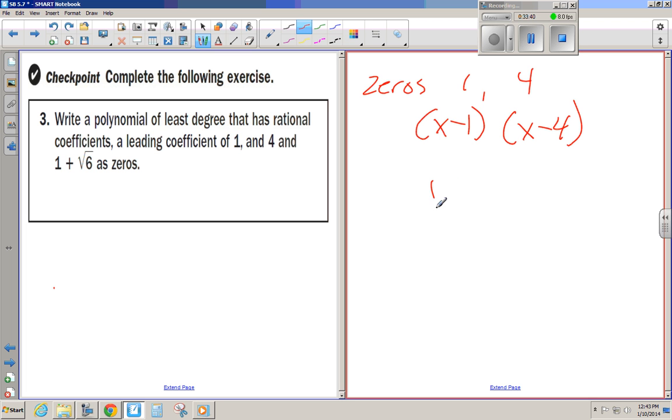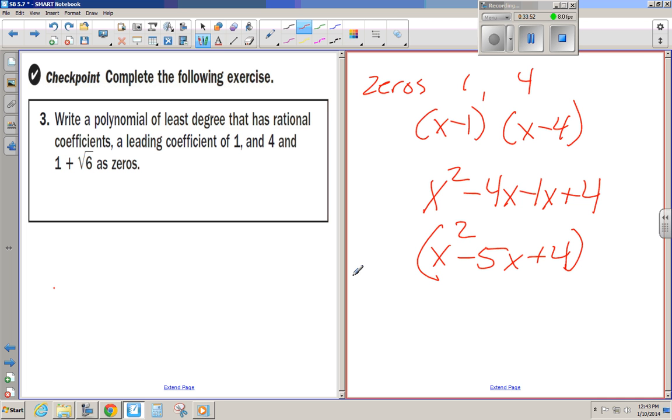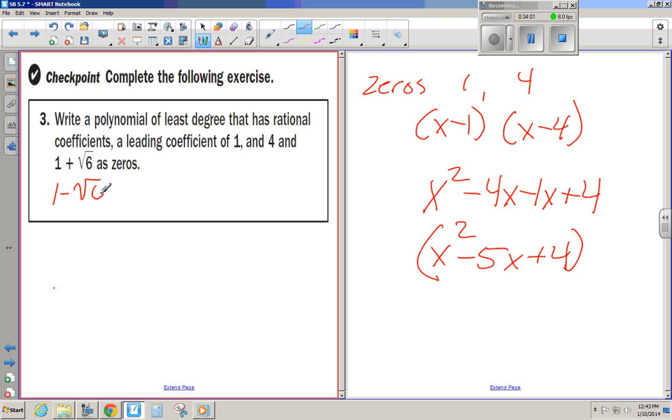And when I FOIL, I get this when I FOIL. But we also have to look at the fact that 1 plus square root 6 also has 1 minus square root 6 as a possible zero. So let's do these two.